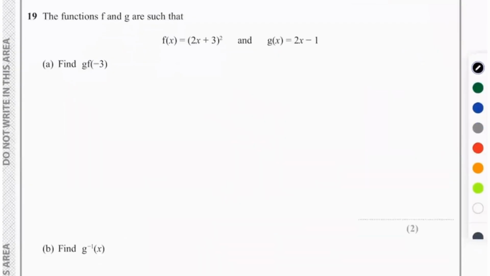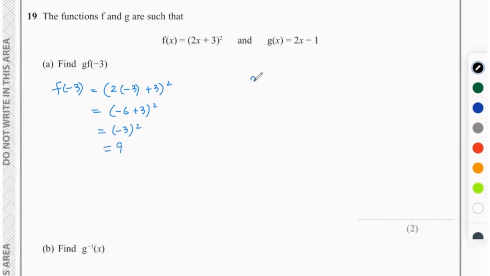Question 19 says f of x equals 2x plus 3 whole squared and g of x is 2x minus 1. Find g of f of negative 3. So let's begin with finding f of negative 3, which is going to be 2 times negative 3 plus 3 whole squared, negative 6 plus 3 whole squared, that is negative 3 whole squared, and that is 9.